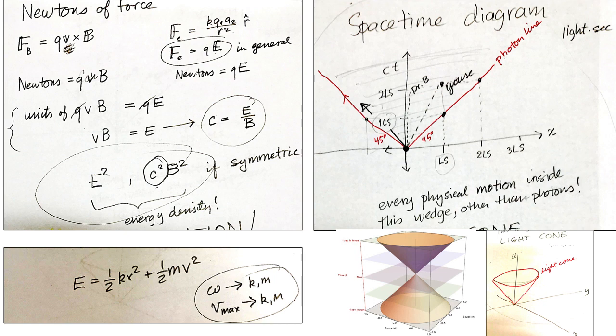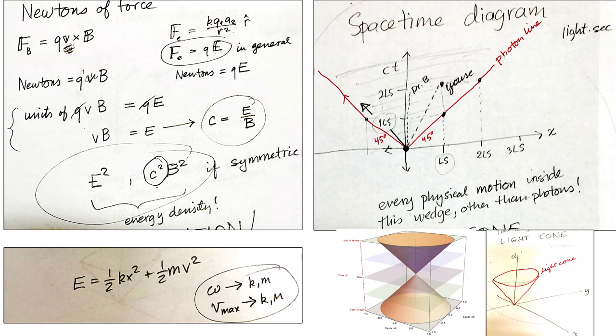Now cancel out q, and you get vB equals E. And so when you work out all the constants and stuff, this is kind of loose right in here, but when you work out all the constants, you get the speed of light is equal to E over B.